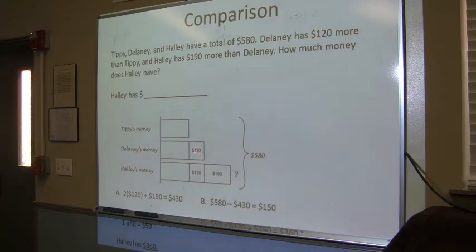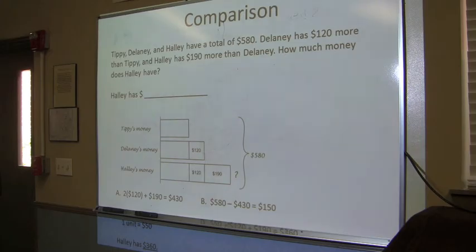We put another little bar on that, which shows the $120. And then it says, Haley has $190 more than Delaney. So here's Delaney's money, and then $190 more than that is what Haley has.